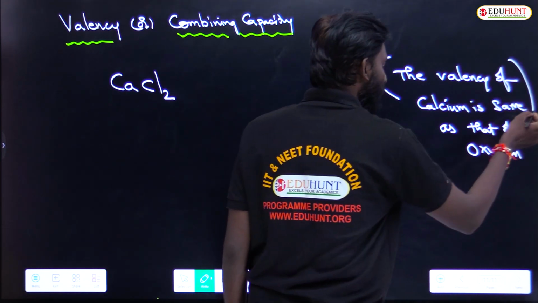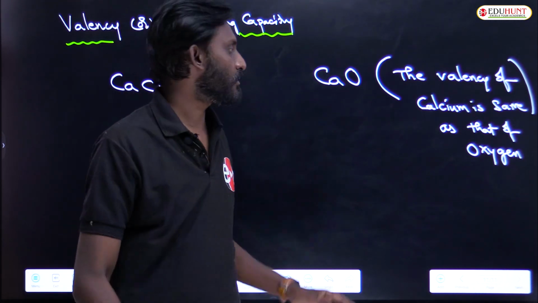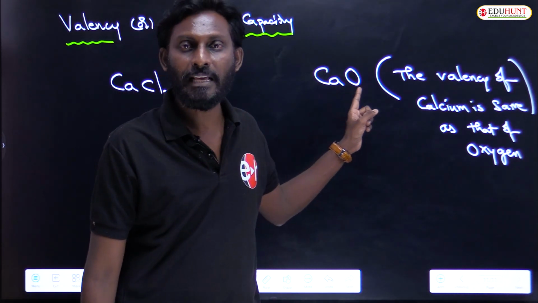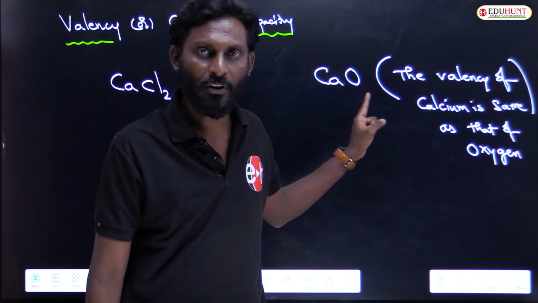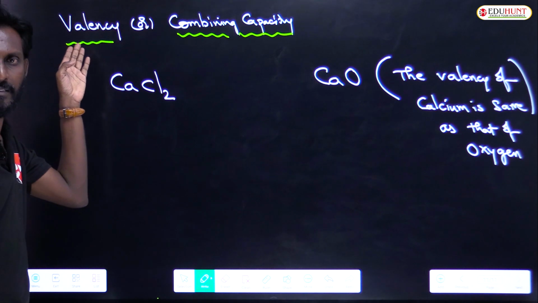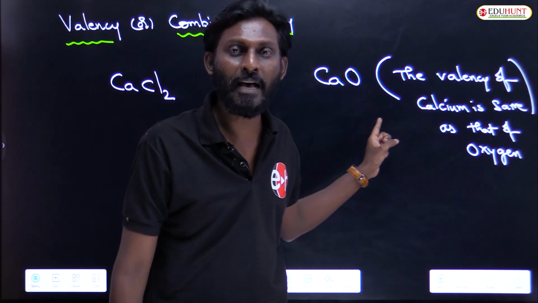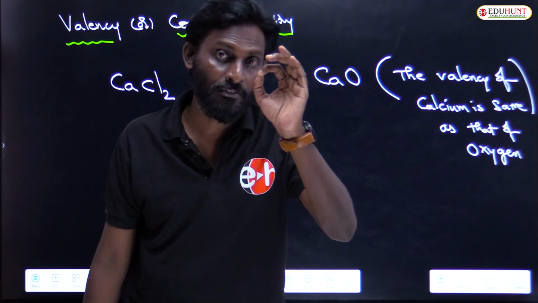By looking at this formula, you can say that the combining capacity of calcium is the same as the combining capacity of oxygen. Combining capacity means valency, I said, right? Yes.